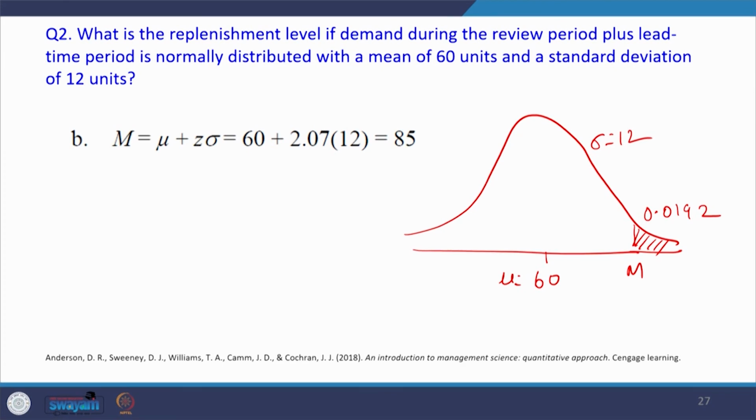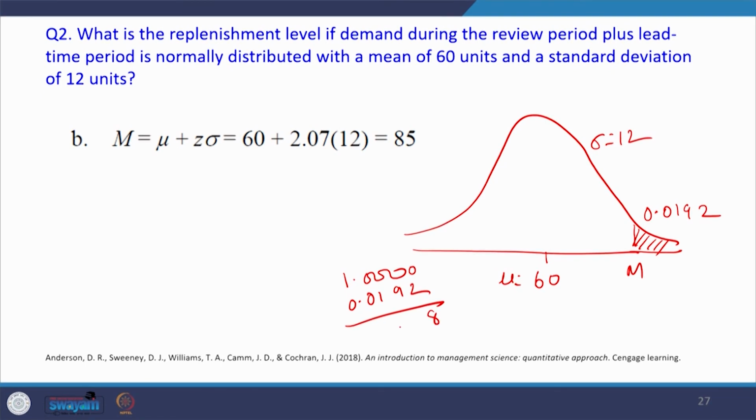So, what we have to do? We know that the Excel is providing the minus infinity to plus x area. So, what is the left side area? Left side area is 1 minus 0.0192. What is left side area?